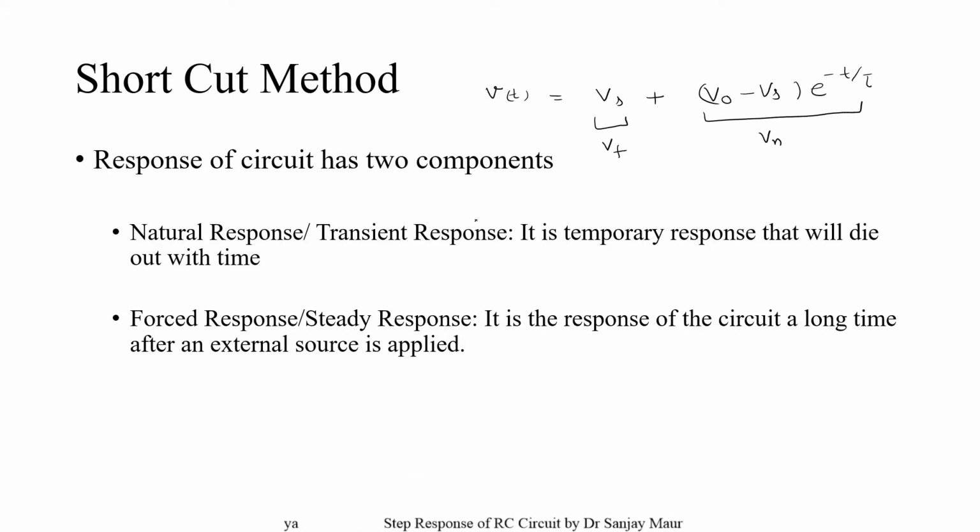We can simplify this relation by writing V(t) equals the voltage across the capacitor at infinite time, V infinite, plus (V0 minus V infinite) e to the power minus t by tau, since Vs will appear across the capacitor when t becomes infinite and V0 is the initial voltage.